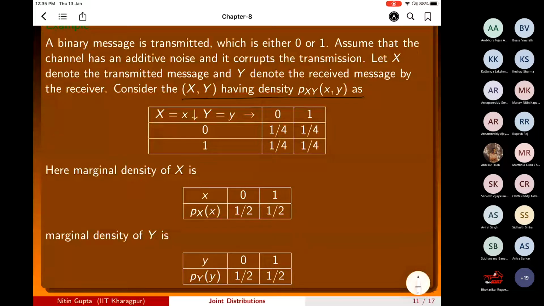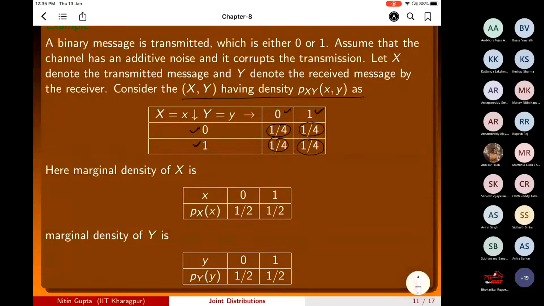The message transmitted as 0 is received as 0 with probability 1 by 4, received as 1 with probability 1 by 4. Transmitted as 1, received as 0 is 1 by 4, and received as 1 is 1 by 4.